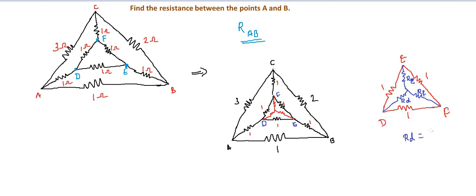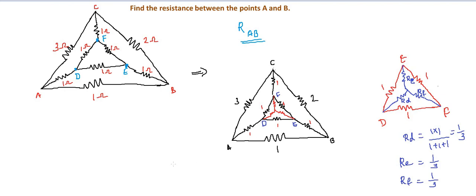RD equals 1 into 1, that is the adjacent resistors, divided by the total resistance. So 1 plus 1 plus 1, that is equal to 1 by 3. Similarly, RE is equal to 1 by 3 and RF will also be equal to 1 by 3, since all the resistances in the delta network are the same.